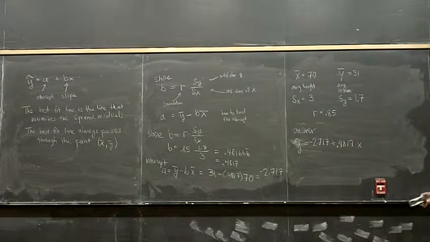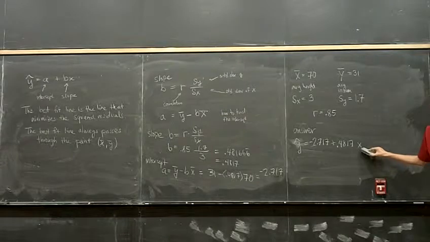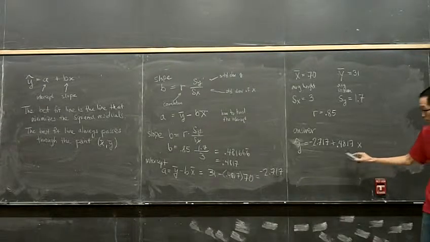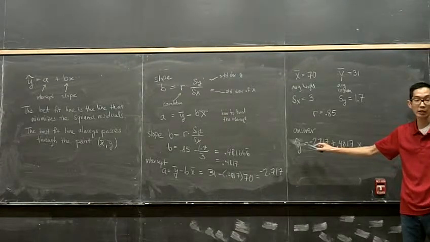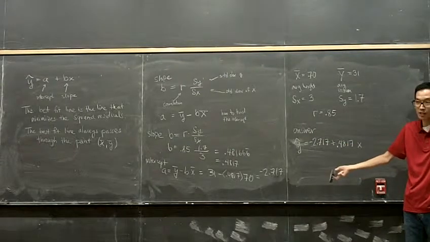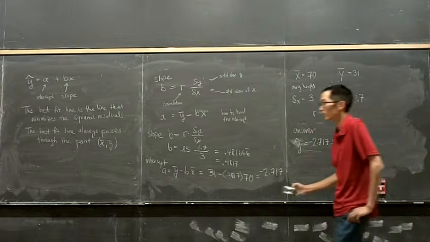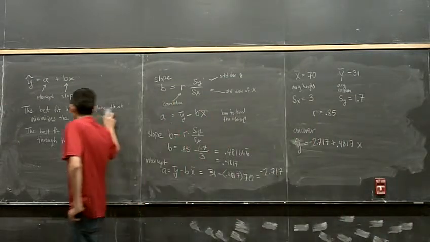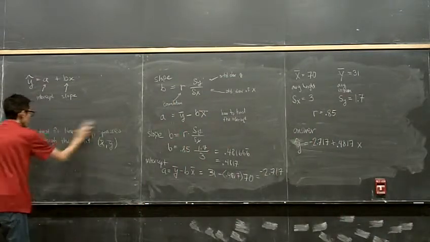Do I need to plug something in for x or y hat? No, this is the equation of a line. You've got an x and you've got a y hat. It's fine that you have variables there, because it's a line.